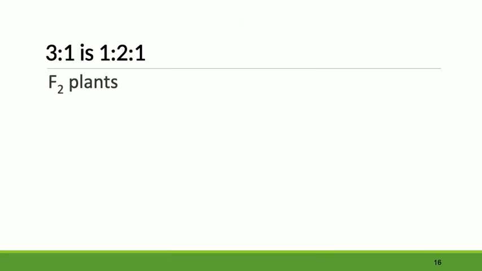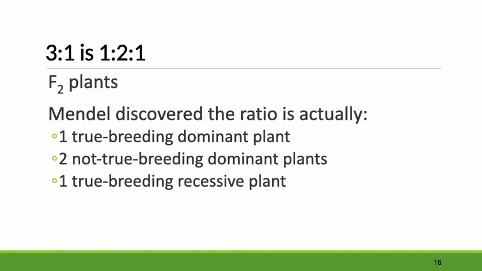So again, out of the F2 generation, to the naked eye, the ratio was 3 to 1, or 75% to 25%, purple flowers to white flowered plants. And remember, for these pea plants, all the flowers on one plant are the same color.